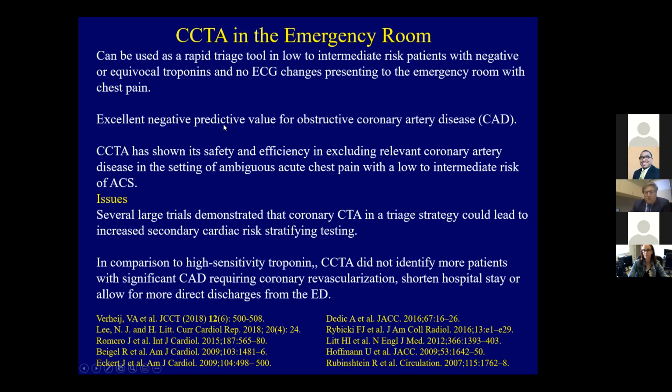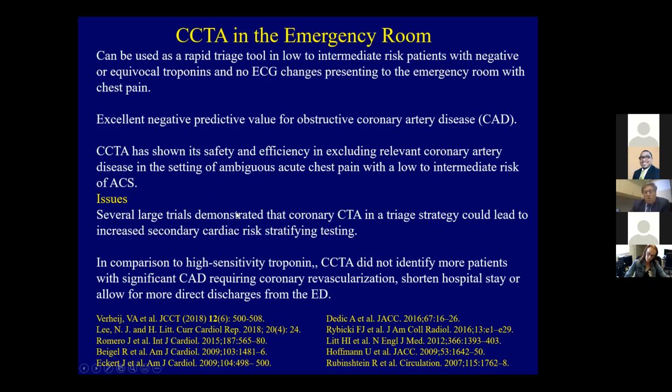You do a study in a low to intermediate risk patient, see that the arteries are completely open with minimal or no plaque, and it has excellent value in that regard. In studies that have been done over a long period of time, it has been shown that it's safe and efficient in excluding relevant coronary artery disease in the setting of ambiguous acute chest pain with low to intermediate risk.